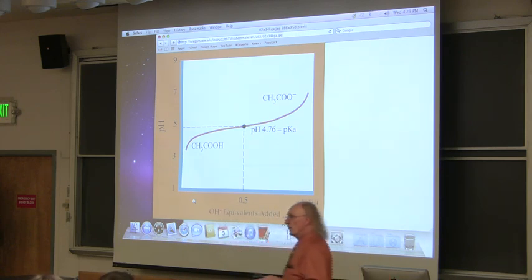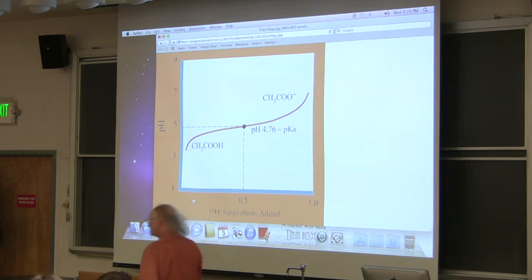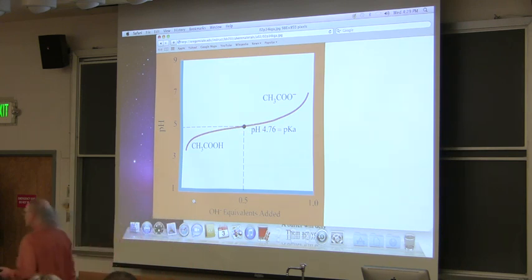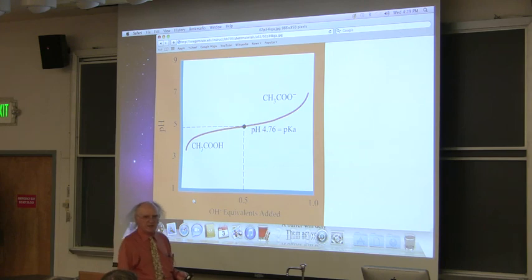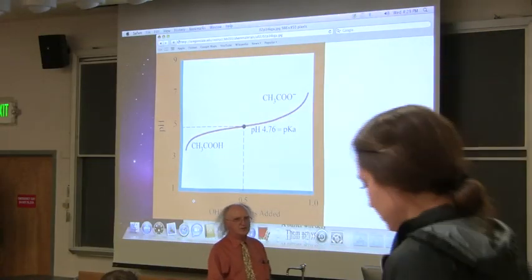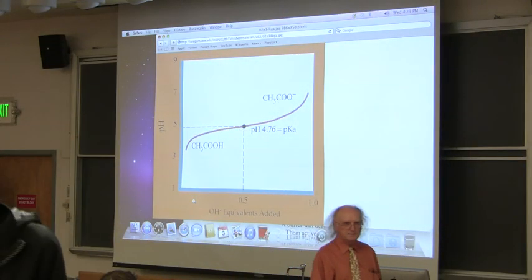So, we will say that a buffer has maximum capacity to resist pH change when the pH equals the pKa. A buffer has maximum ability to resist a change in pH when the pH equals the pKa.